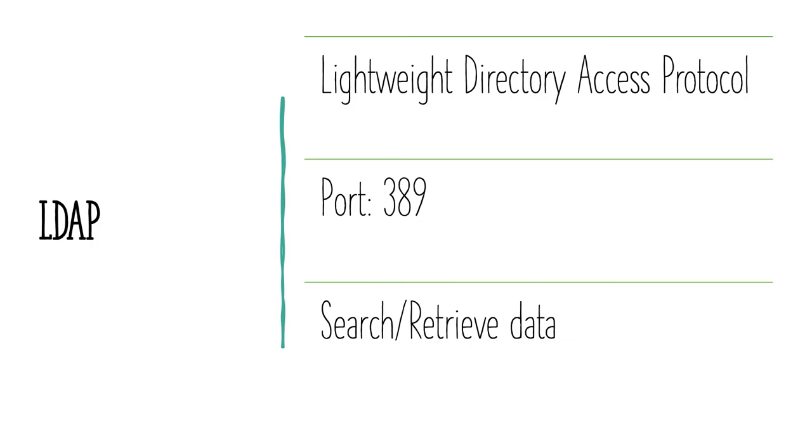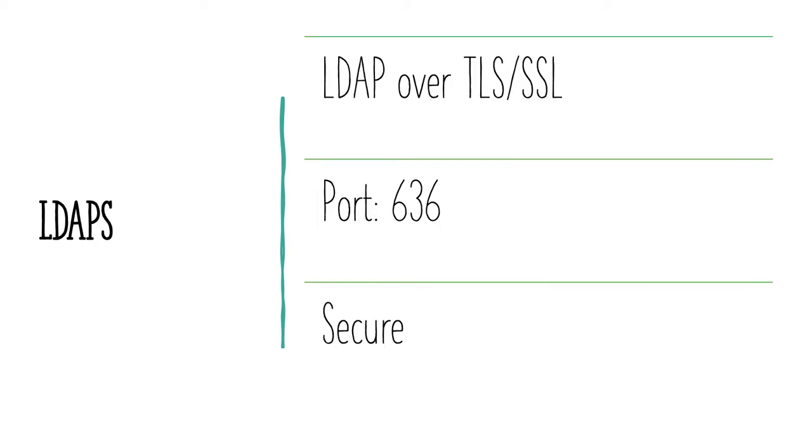LDAP, or Lightweight Directory Access Protocol, which uses port 389, is used by Microsoft Windows to search for and/or retrieve data from a directory service. The secure version of LDAP is LDAPS and it uses port 636. It's secure because it is LDAP over TLS/SSL, which we'll talk about in other sessions.